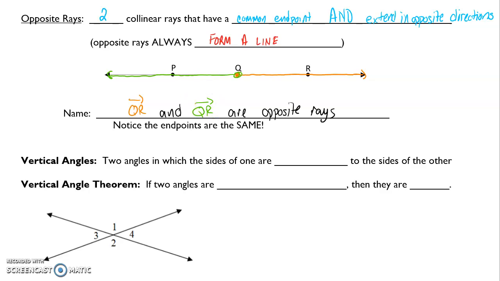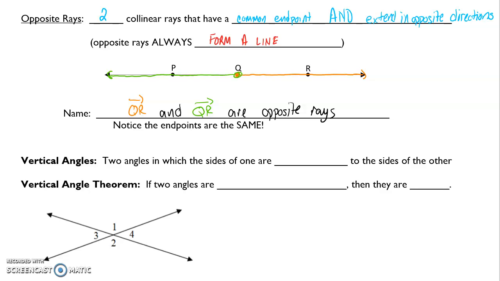Notice I had Q as that common endpoint, and they extend in exact opposite directions to form a line. Those are opposite rays. It has to have both of those two criteria in place in order for them to be defined as opposite rays. It can't be just sharing an endpoint, otherwise they're just making any angle, not a straight angle.